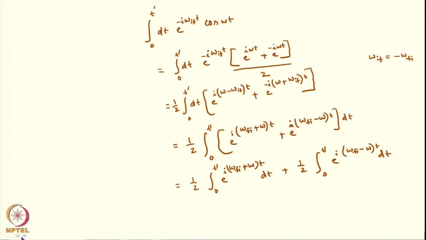Okay. So, this is our next step: half of integral 0 to t prime e to the power of i (omega fi plus omega) t dt plus half integral 0 to t prime e to the power of i (omega fi minus omega) t dt.